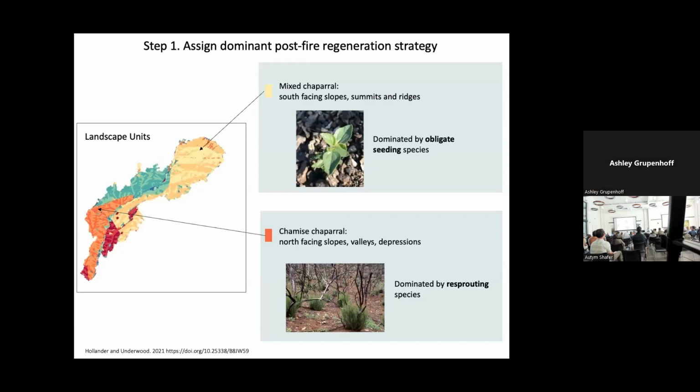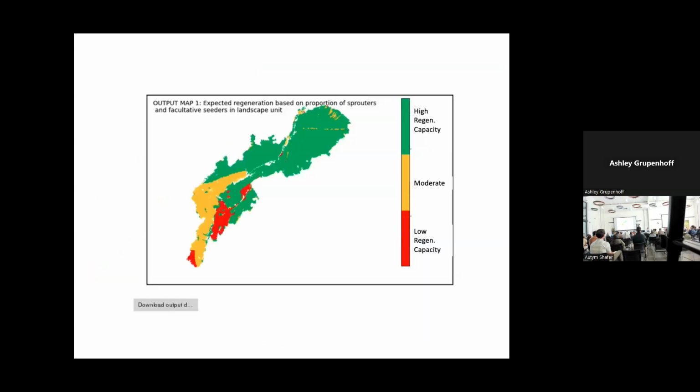So this really drives the baseline for the tool, the percent cover of those units which can resprout, so either resprouting species or facultative seeding species that have the ability to resprout. And again, if a user has more detailed information on a particular area, then those cover classes can be modified as needed.